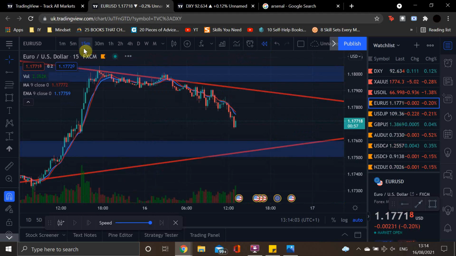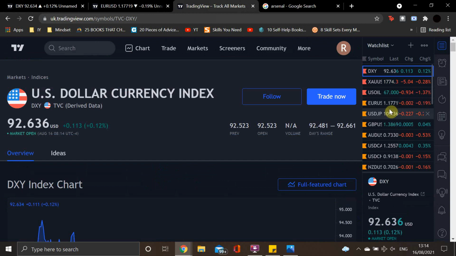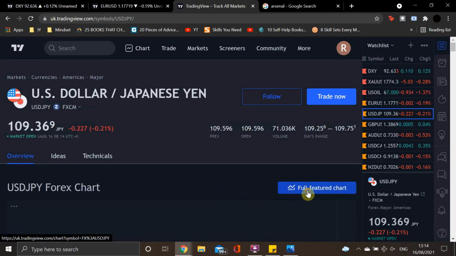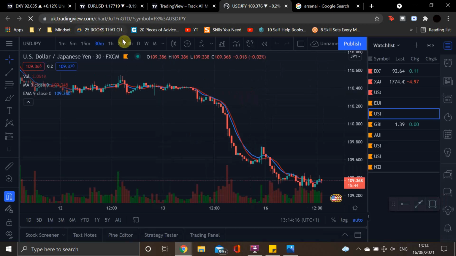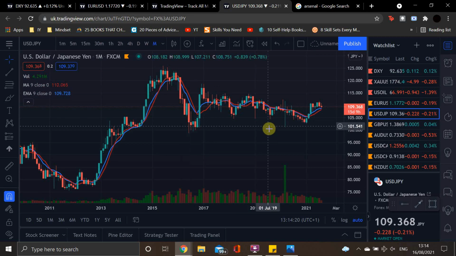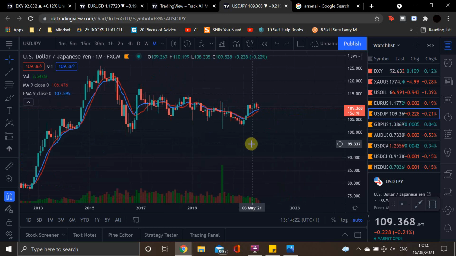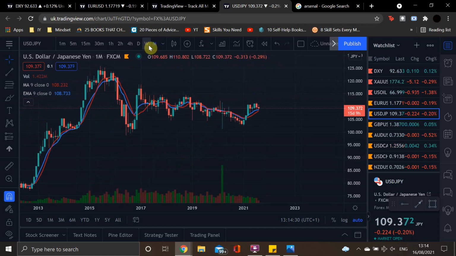Should be patient. DXY is going up. Maybe I could look at USD JPY, see what's going on there. I could trade this one tonight. I doubt it, but I could. There's a lot going on with USD JPY.